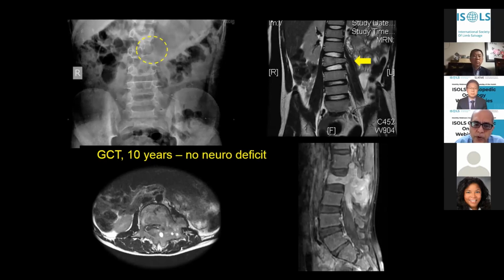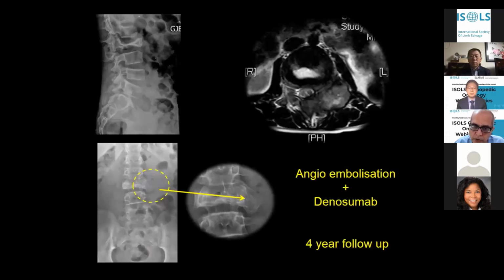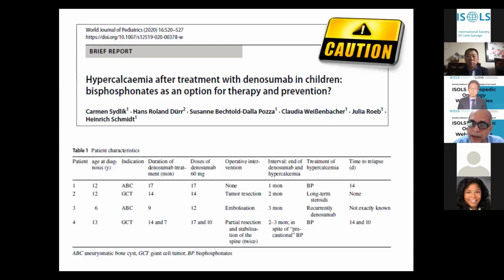Denosumab was used here because we thought any attempt at surgery would have caused further damage to the skeleton. We used our combination of angioembolization and denosumab, and this has stabilized, and this is a 4-year follow-up. But in children, we need to be careful that you can have hypercalcemia even months after stopping denosumab, and therefore you need to be aware of that.